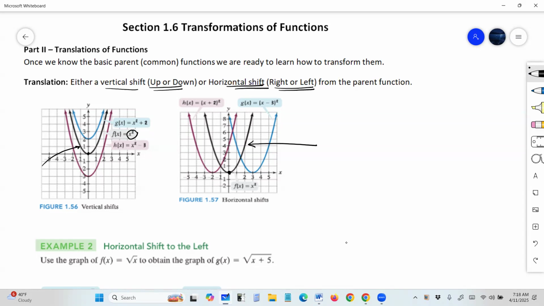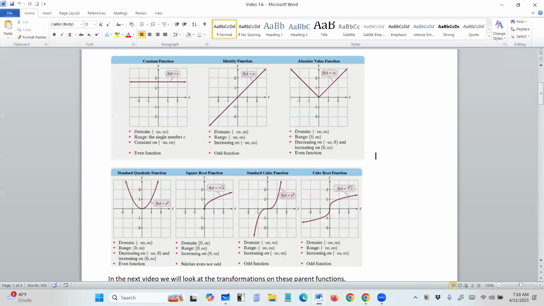Now, it's only possible for us to do the translations once we know how to graph the common functions that we're supposed to know. Let me review this briefly. These are the functions that we're supposed to know. Keep in mind that for the constant functions, the first two here, and the identity, we don't do transformations because we can graph them as they are.